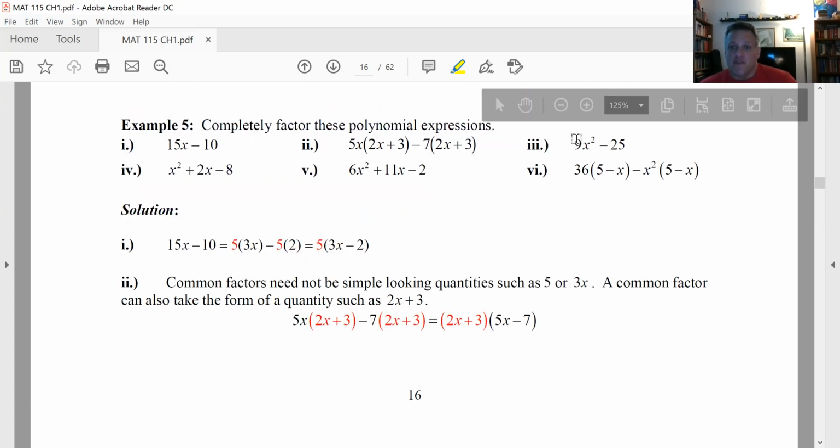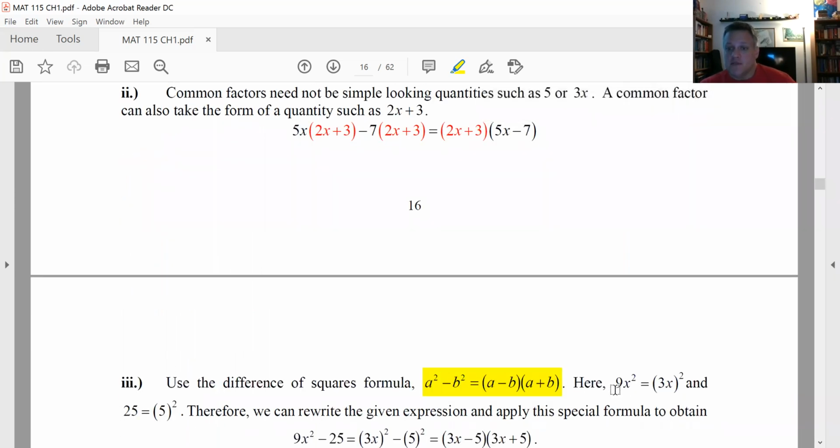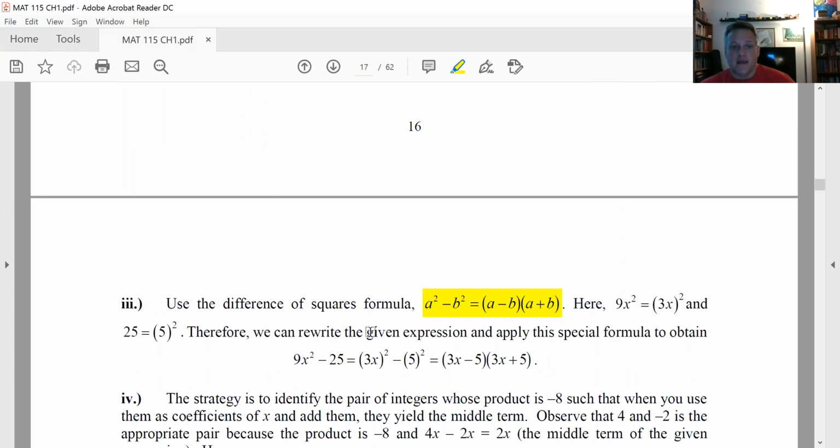Now, if you want to factor this guy, you have to rewrite each of those things as something squared. And that's what I do here. Notice 9x squared can be written as 3x quantity squared, and 25 is really just 5 squared.